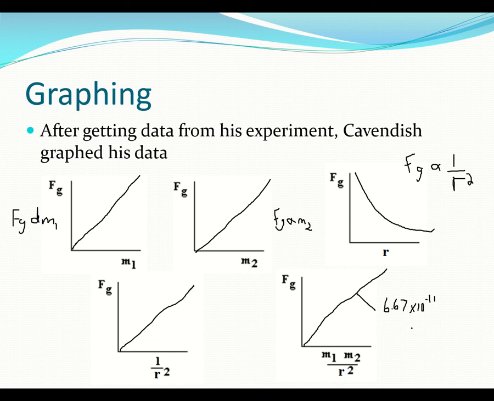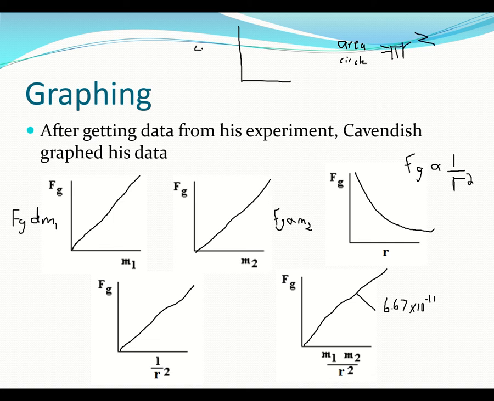So what this tells you is that the 6.67 times 10 to the negative 11 must be a special number, right? What we can relate it to is that the area of a circle is equal to pi r squared.